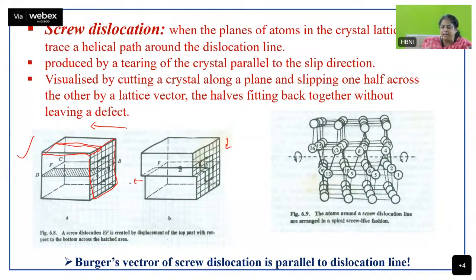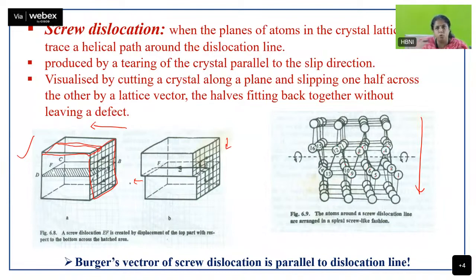Or in terms of atoms, these are your planes perpendicular to this direction. This 1, 2, 3, and 4 were joined to each other when it was regular. 5, 6, 7, 8, and 8 was joined to 5. 9, 10, 11, 12, 12 was joined to 9, and they were joined together.